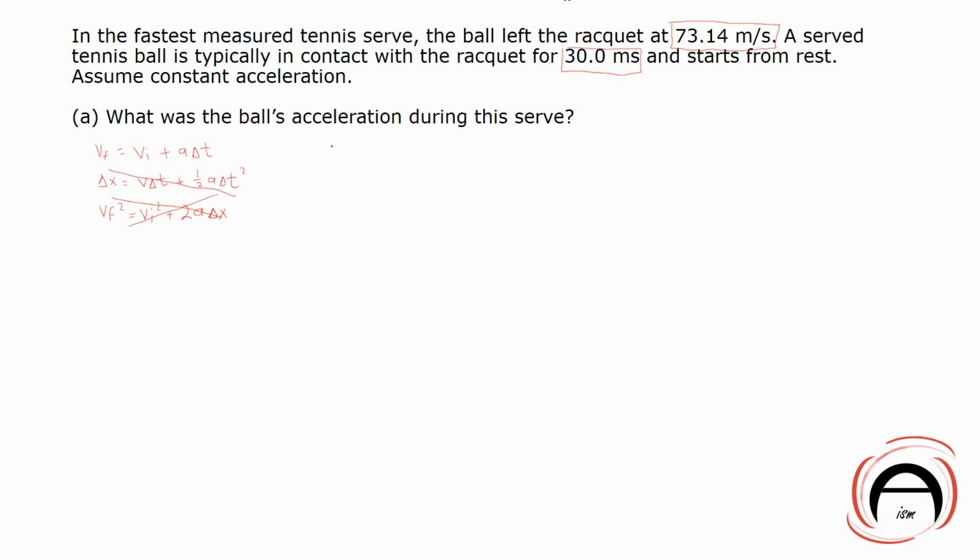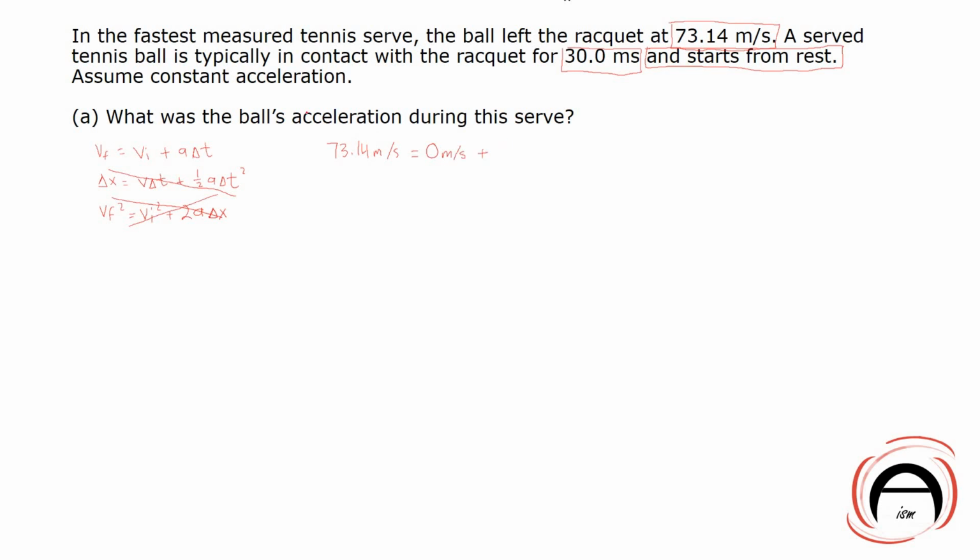So our final velocity is equal to 73.14 meters per second. And our initial velocity, it says right here, starts from rest. So we know that its initial velocity is equal to 0 meters per second.